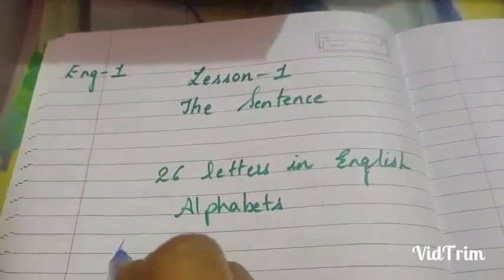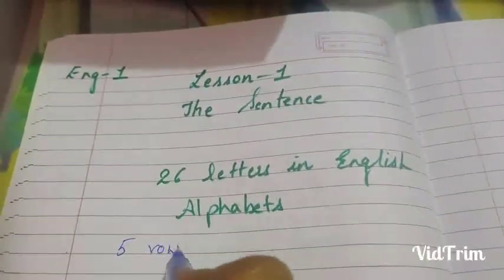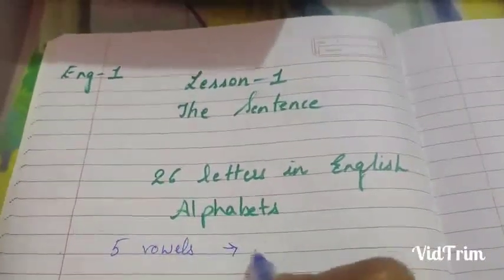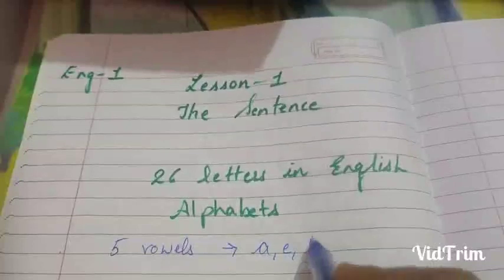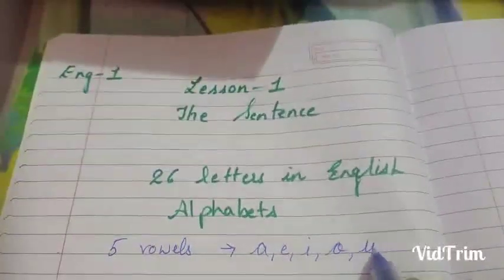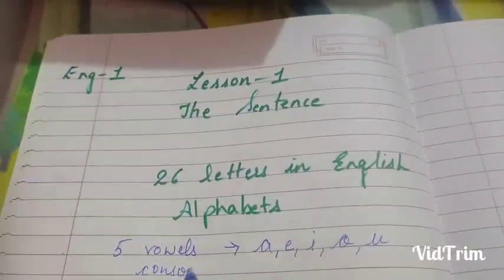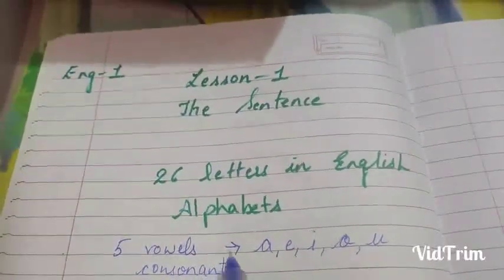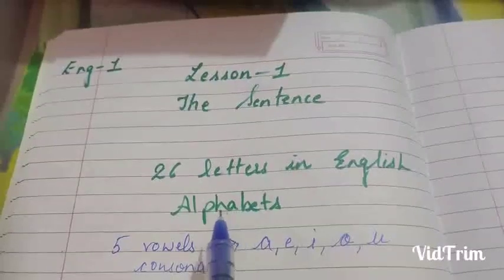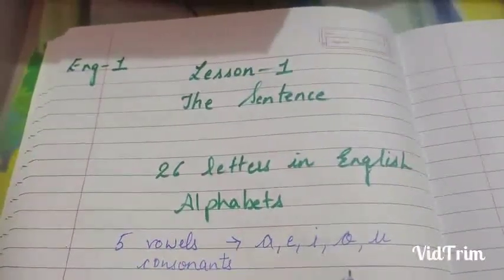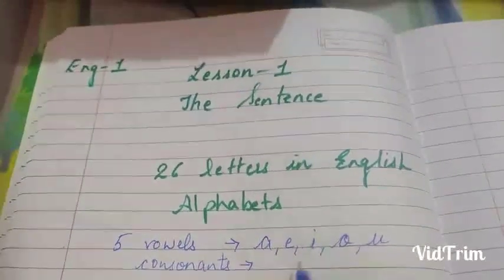There are 5 vowels: A, E, I, O, U, and the rest are consonants. So in the English alphabet, 5 vowels: A, E, I, O, U, and the rest are consonants.